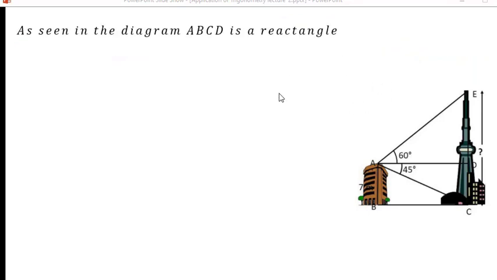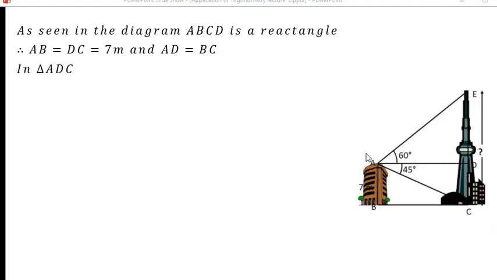As seen in the diagram, ABCD is a rectangle. I have AB equal to DC equal to 7 meter and AD and BC are going to be equal.